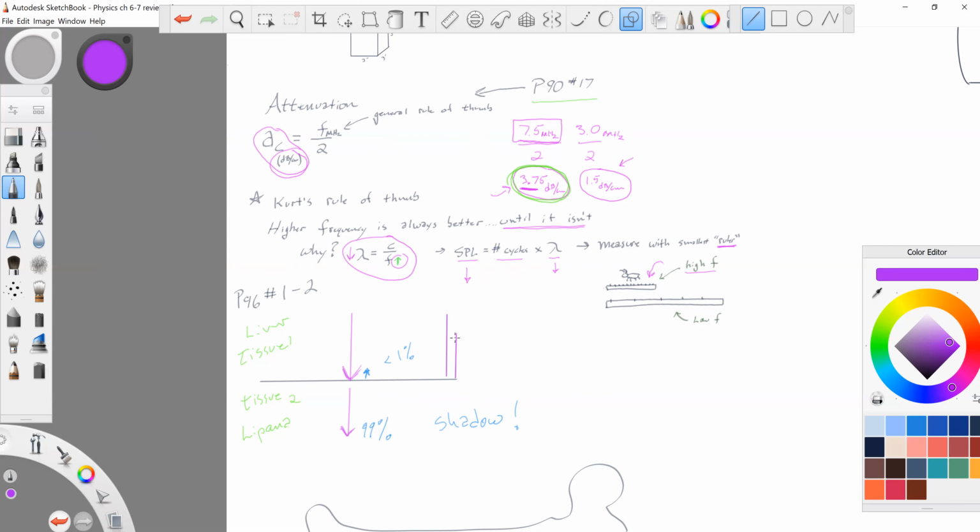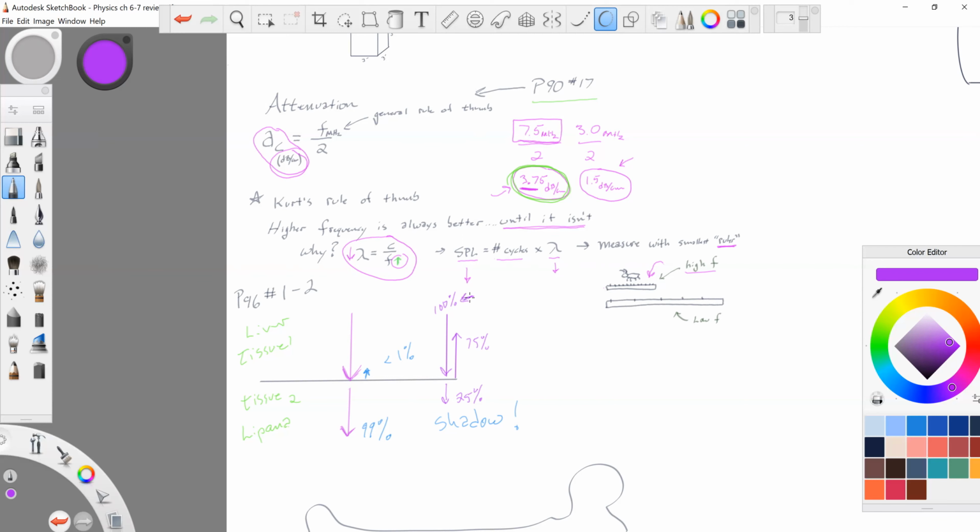So basically I'm drawing, of course, this is 100% of whatever the incident intensity is, and then this is 75%, and only 25, because remember the reflected and the transmitted have to equal the original incident.